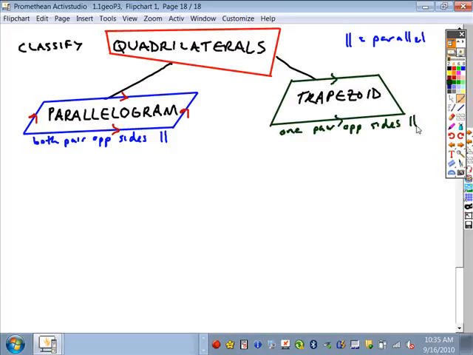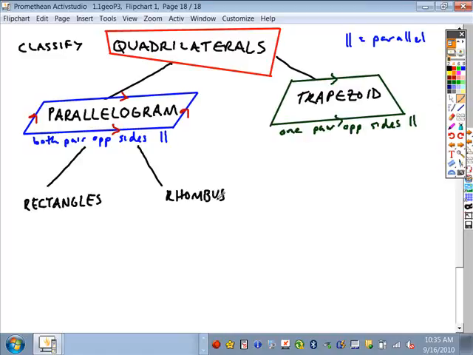And if we take parallelograms and we classify them even further, we can classify them into a couple different categories, again based on some other specific conditions. The first is figures that are rectangles and figures that are called a rhombus.